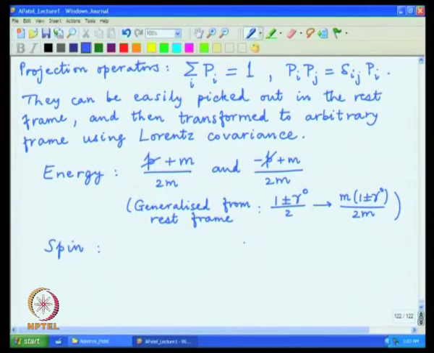The rest frame structure is nothing but 1 plus or minus sigma z by 2, but now one has to convert sigma z into a Lorentz covariant structure.